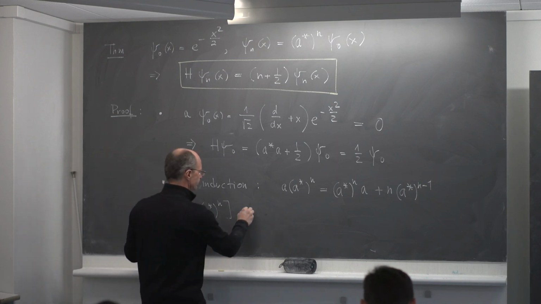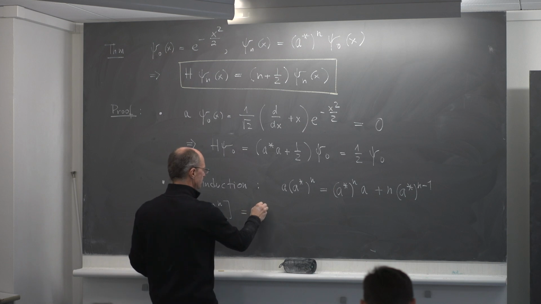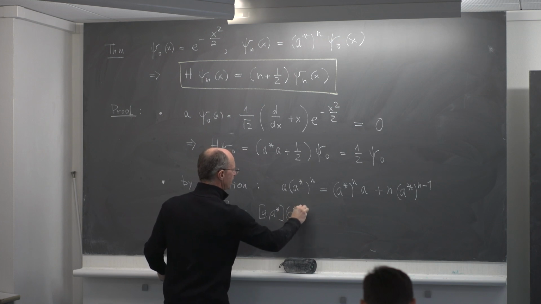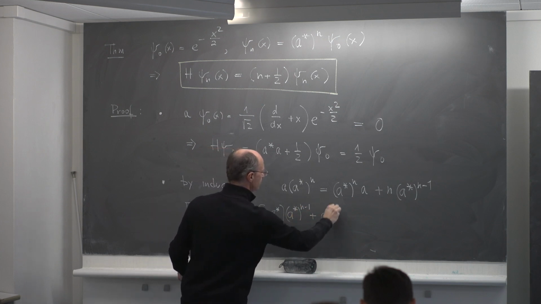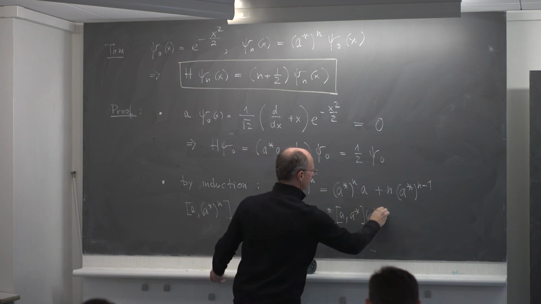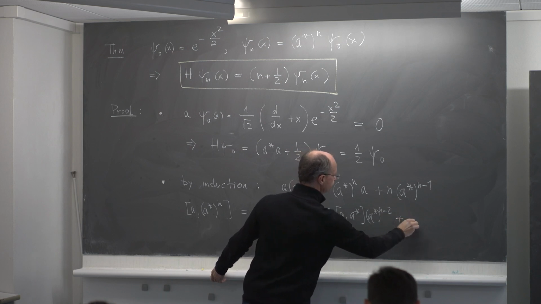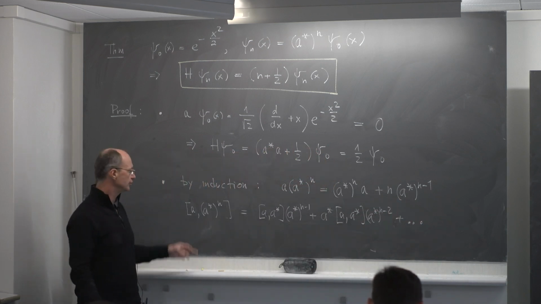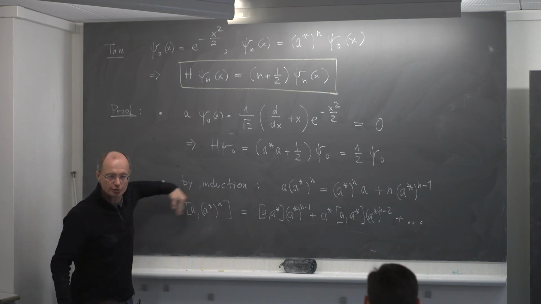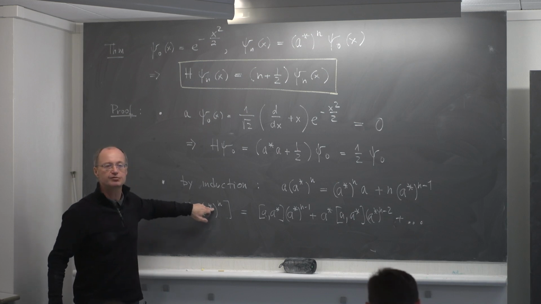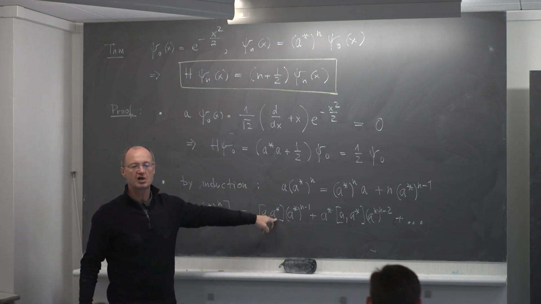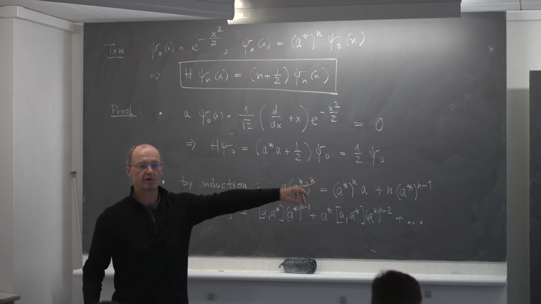This means that it is equal to the commutator with a star, times a star to the power n minus 1, plus a star times the commutator, times a star to the power n minus 2, and so on. You take a commutator with each of those terms separately, and the terms which were before it you put on the left, and the terms which were to the right you put on the right. But now each of those commutators is equal to 1 according to my previous proposition.